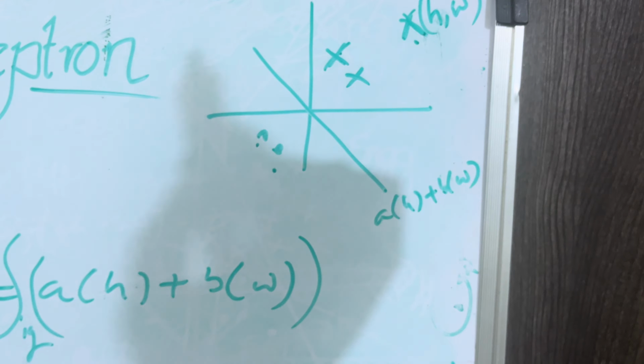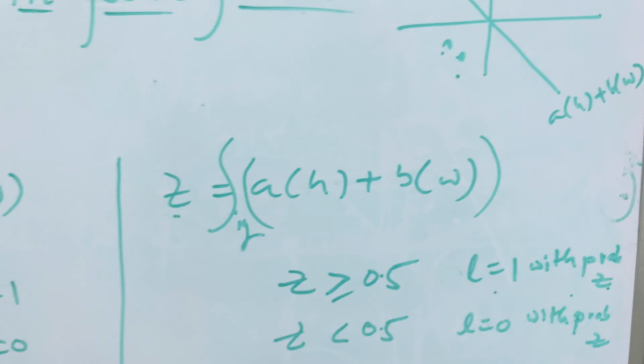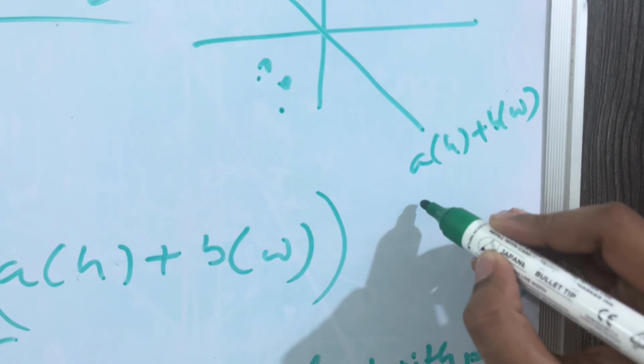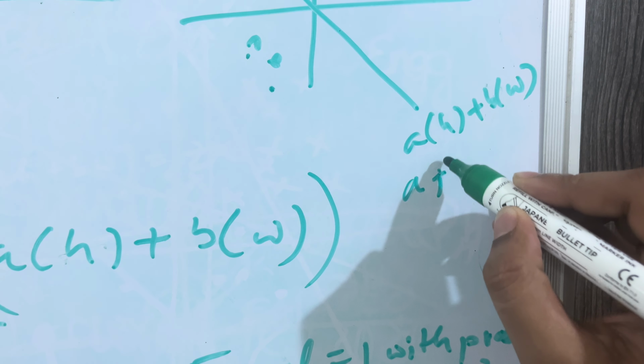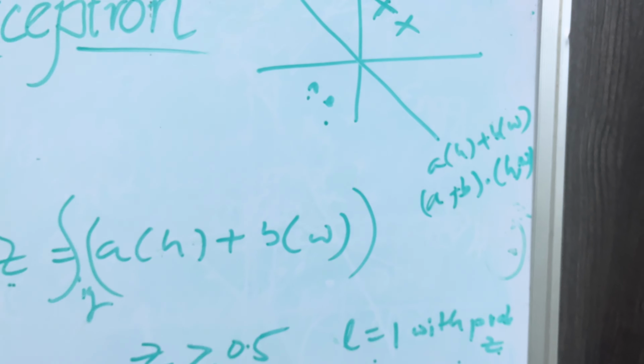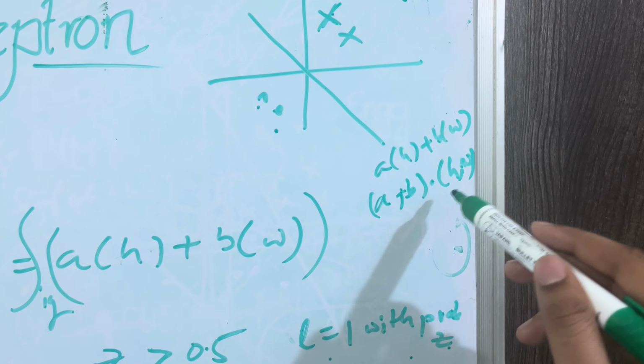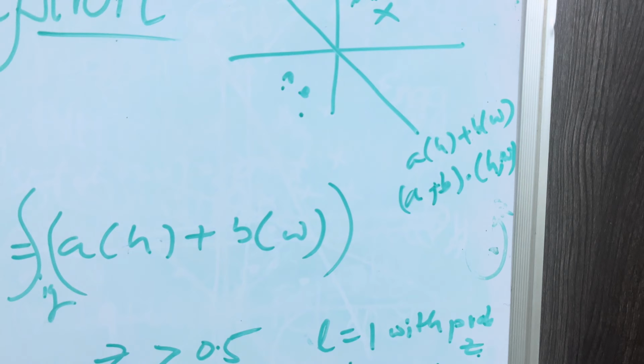Mathematically we can represent it in a different way: A comma B dot product with H comma W.